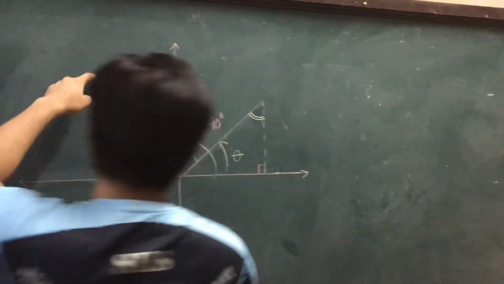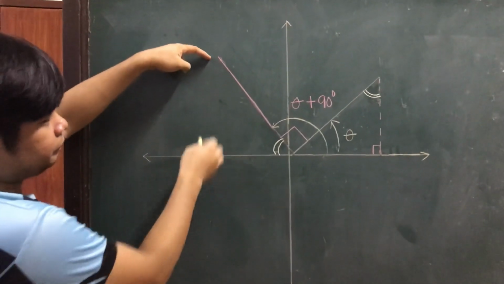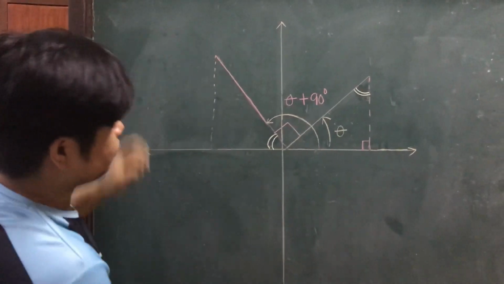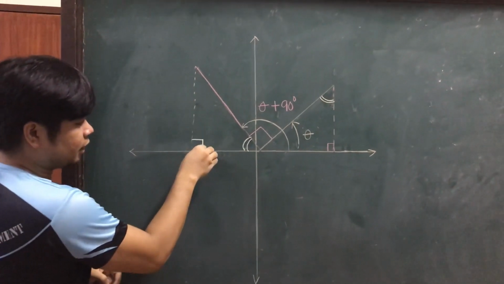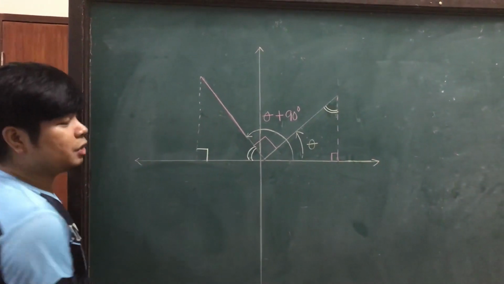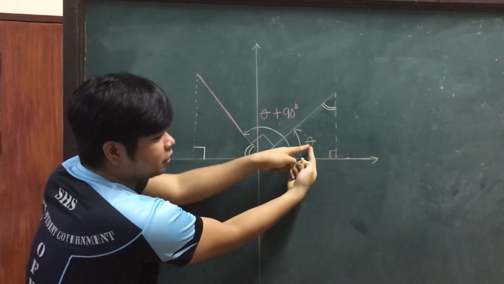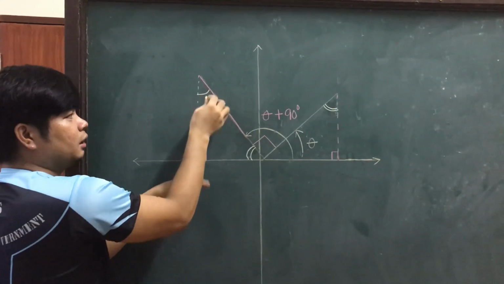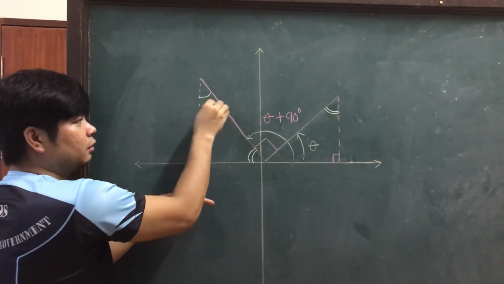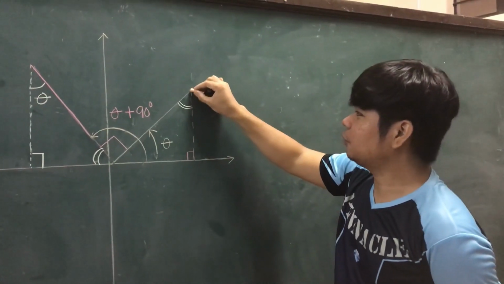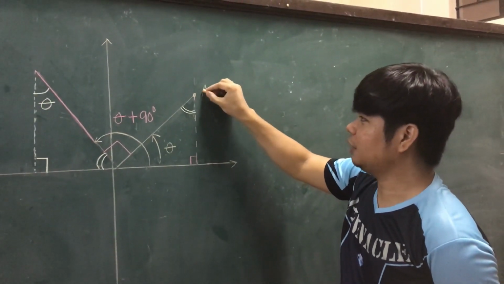Now imagine also if I create here an imaginary vertical line, so I also have another triangle. So it means to say, this angle here is the same as that. So this theta is found here. Now let us name the coordinates. Let's say this is point A. Let us try to know the coordinates.